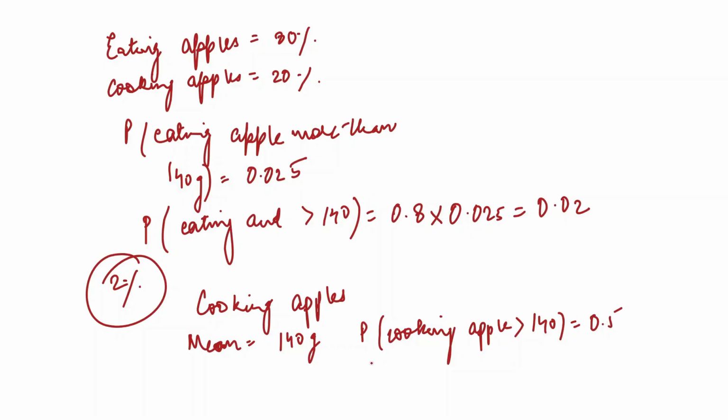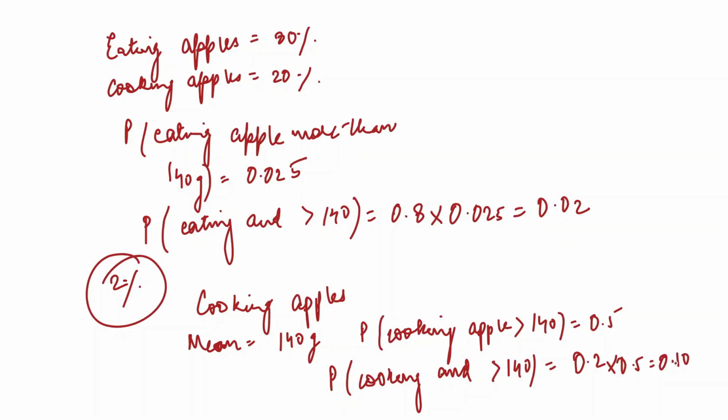So, the probability of cooking and greater than 140 grams will be 0.2 multiplied by 0.5. So, this will be 0.10, which is equal to 10%. So, we can say that 10% of all the apples are cooking apples heavier than 140 grams.